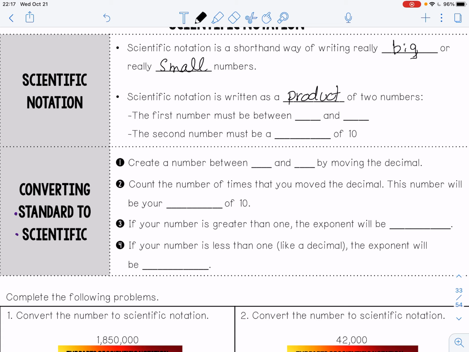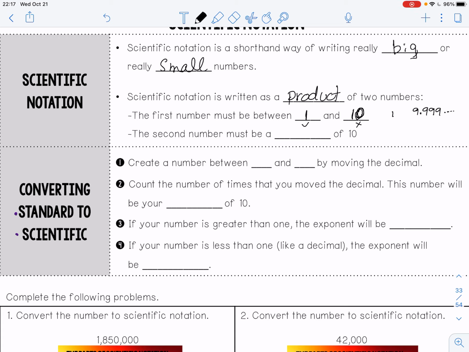The first number must be between 1 and 10, okay? When we say between 1 and 10, it is allowed to be 1, but it's not allowed to be 10, which means that it can be 1, and it can be 9.999..., but it can't actually be 10.